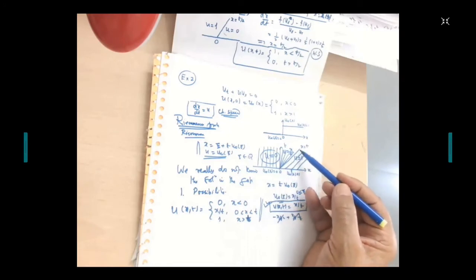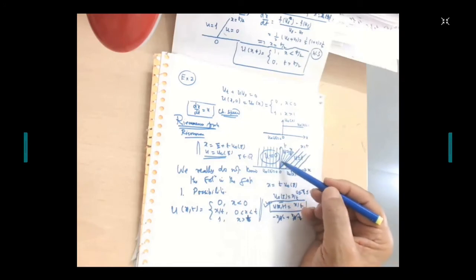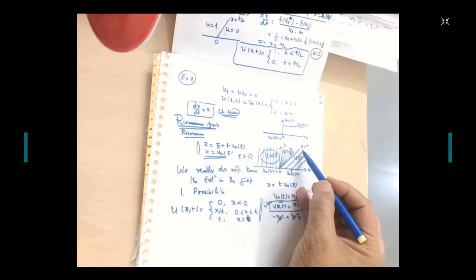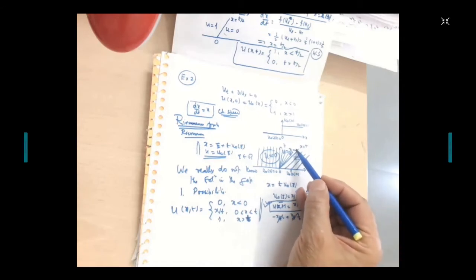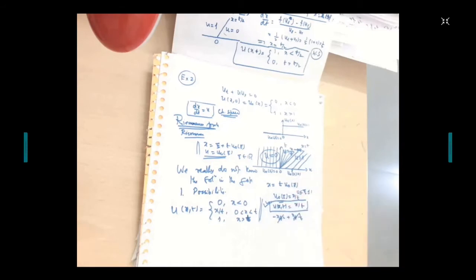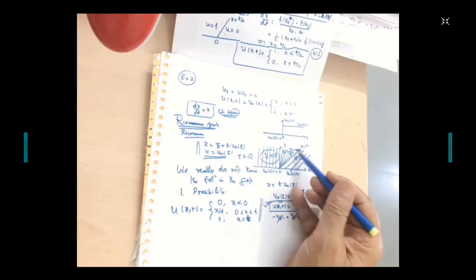What happens along x is equal to t and x is equal to 0? Obviously, if I approach the line x is equal to t from the left, I get the limiting value to be 1, which coincides with the value u is equal to 1 on the right. It means u is continuous along the boundary.